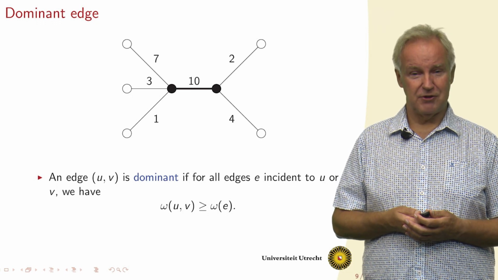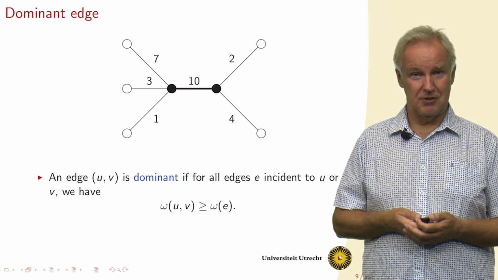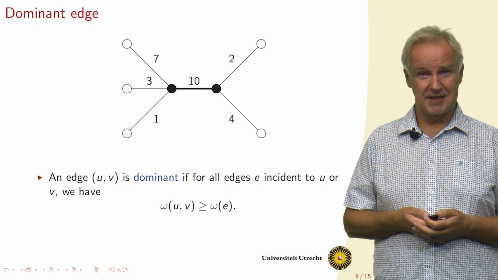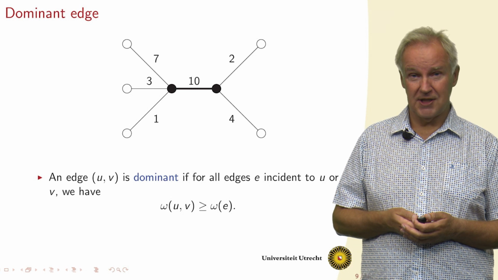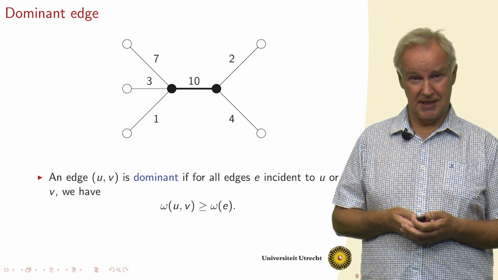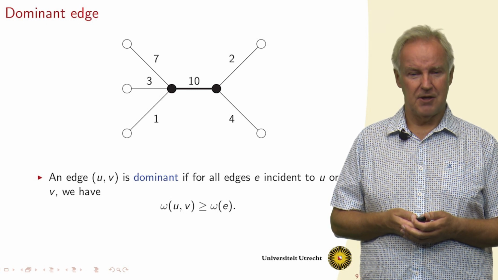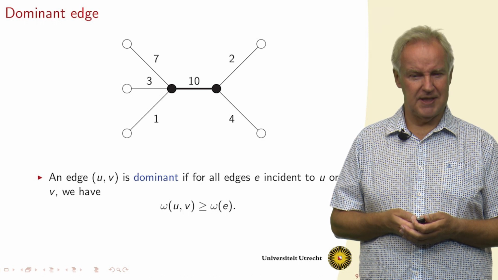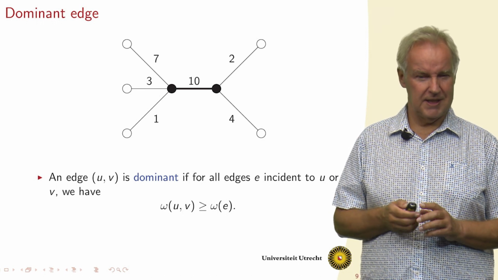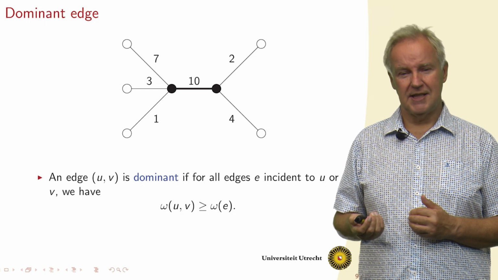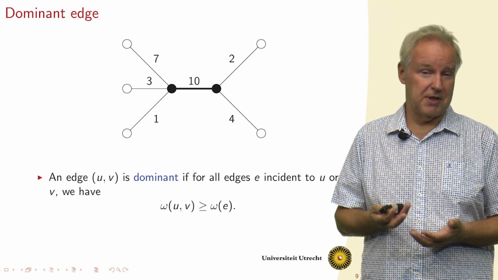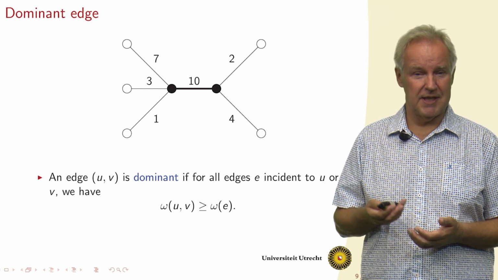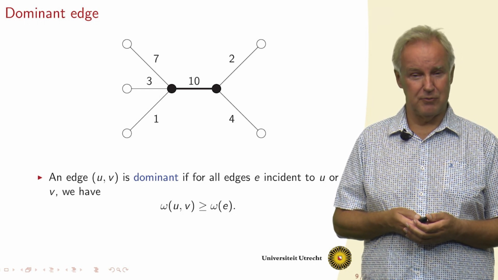Here we have a dominant edge, and a dominant edge is defined as an edge with a weight higher than all the edges that are incident to its endpoints. So here you see omega of uv is larger than omega of e for all the e's that you see in this picture. And that's true because 10 is larger than 7, 3, 1, larger than 2 and 4.